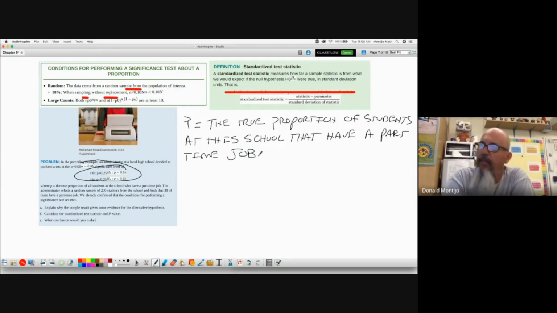Always define the parameter in the context of the problem. What are we doing here? What is this problem about? Well, P, what we're going to test is the true proportion of students at this school that have a part-time job. Okay.